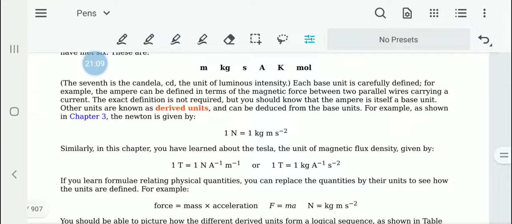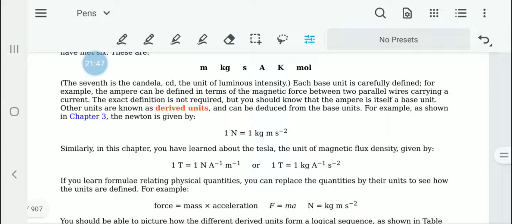Example, 1 Newton equals 1 kilogram meters per second squared, kg m s minus 2. Because flux density, within brackets T, leave a line and write 1 T equals 1 N A minus 1 m minus 1. So we substitute, instead of N, kilogram meters per second squared.